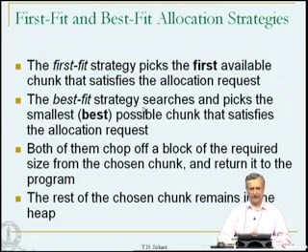So, what is first fit and what is best fit? The first fit strategy always picks the first available chunk that satisfies the allocation request. There may be many chunks which satisfy the request. As I told you, the free chunks are all maintained as a doubly linked list.